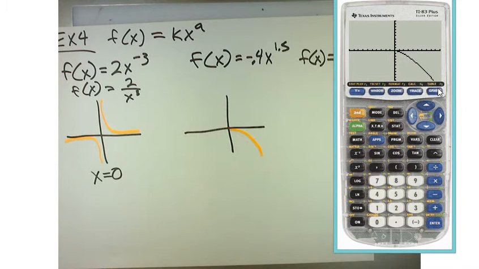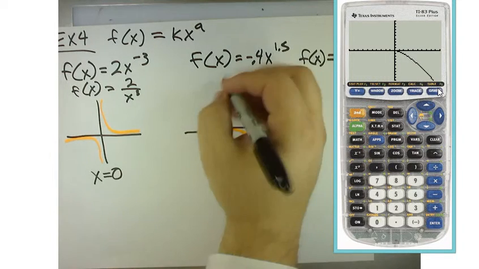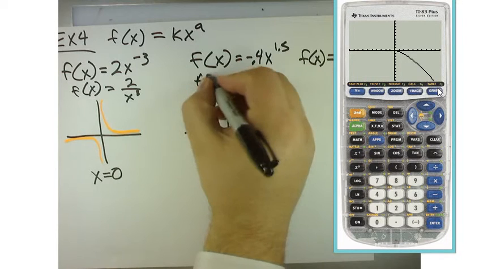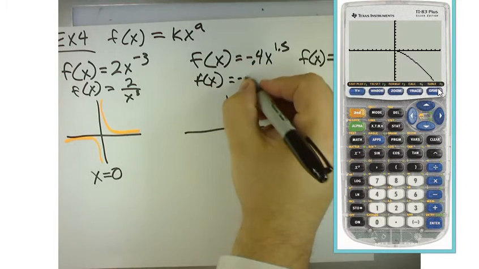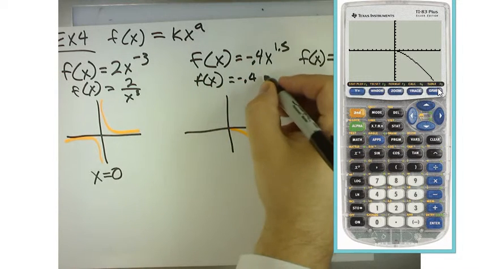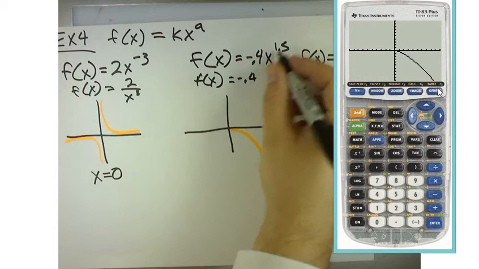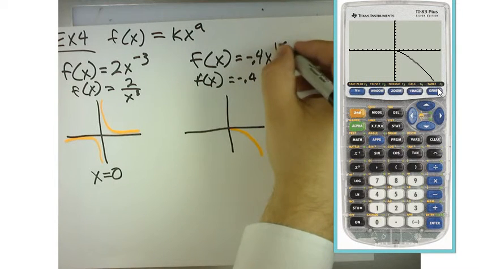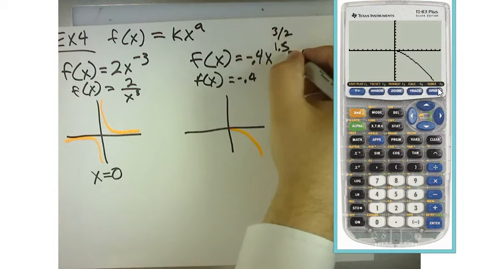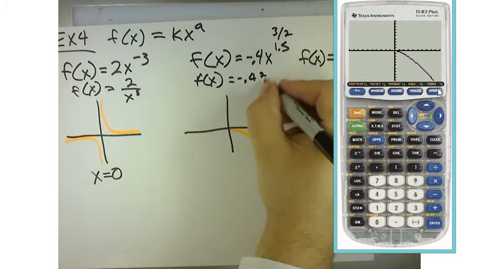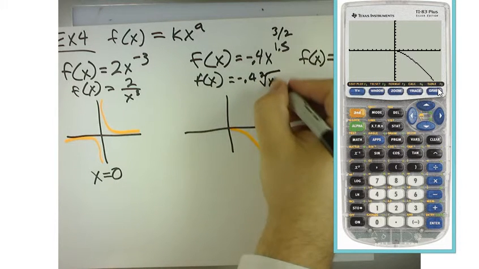Now you'll find this interesting: this is really negative 0.4 times x to the 3 halves. Isn't 1.5 the same as 3 over 2? So that's the square root of x cubed.